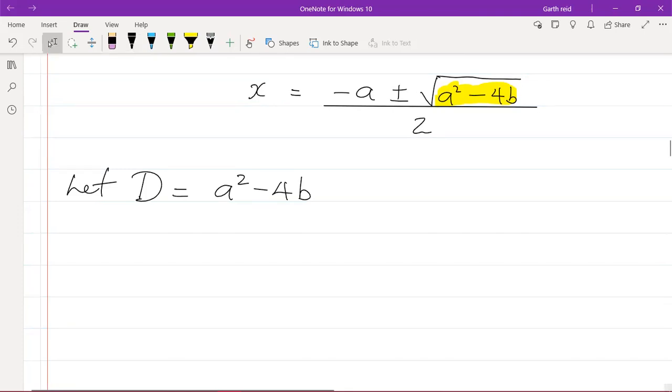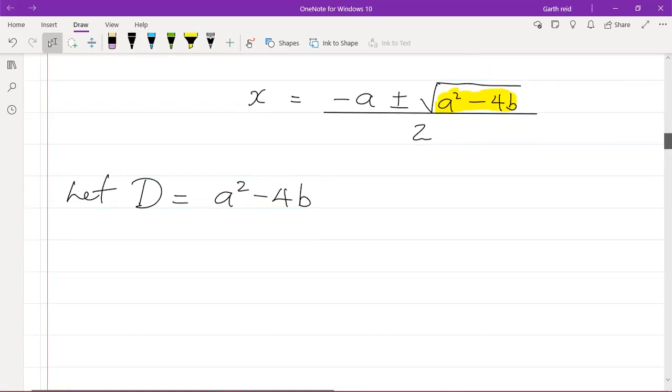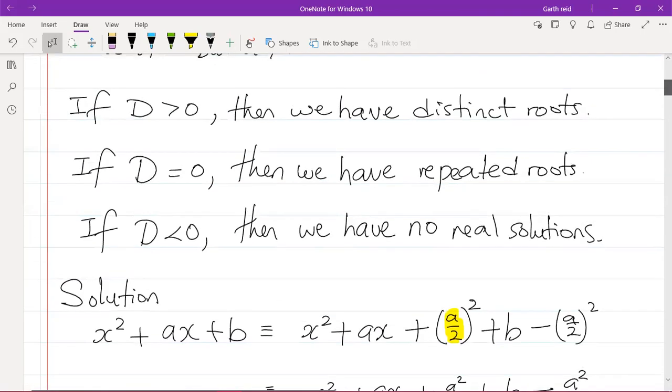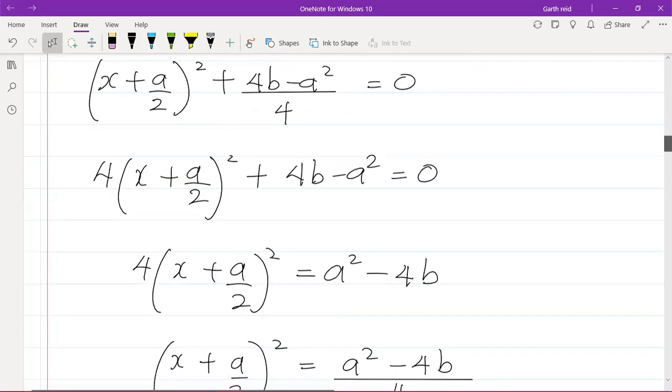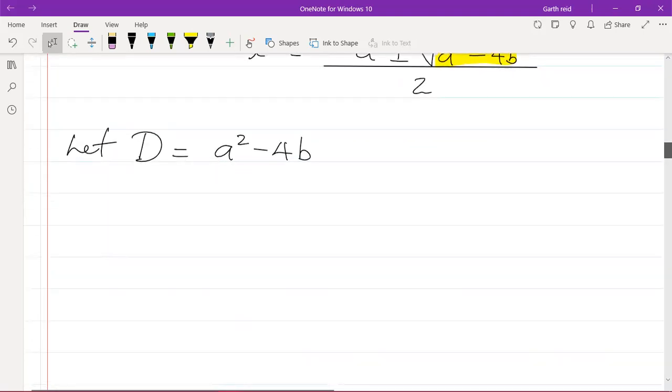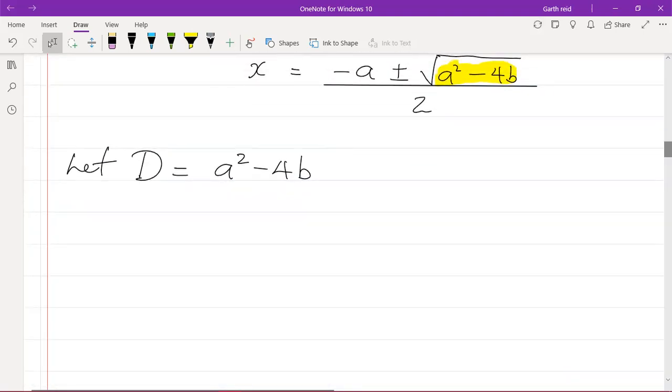Now, remember that the question says, let me go back to it. The question says that we are to deduce that the equation has no real solutions, right? Remember this word, no real solutions, if b is greater than a squared over 4. So if this quadratic here has no real solutions, what does that mean? It means that the value of d must be less than 0, right?